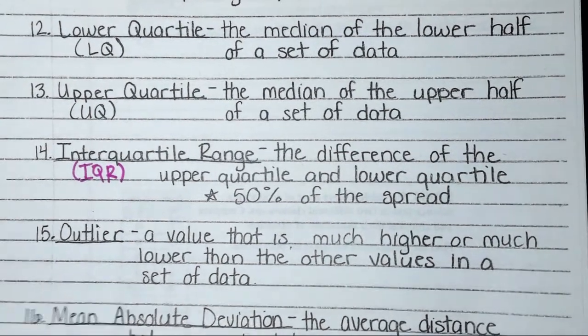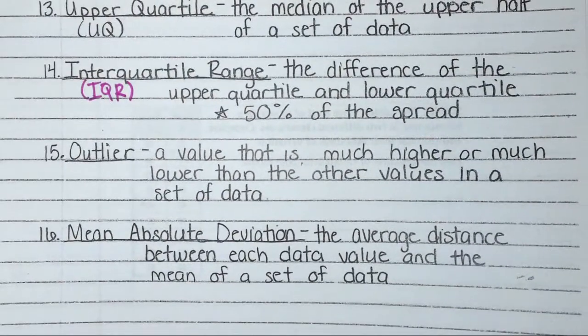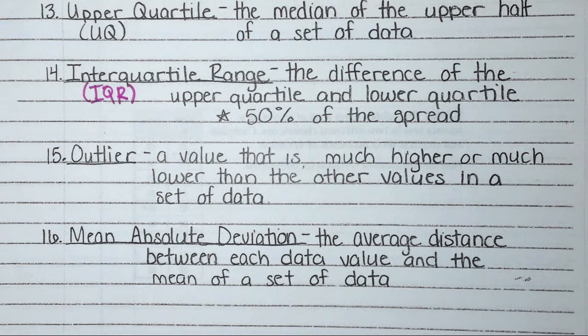Okay, outliers. With outliers, as you get older, you will actually be using a formula to find an outlier. For 6th grade, I just want you to be able to recognize it. Someone said last period, a good definition of an outlier is the oddball. Okay?